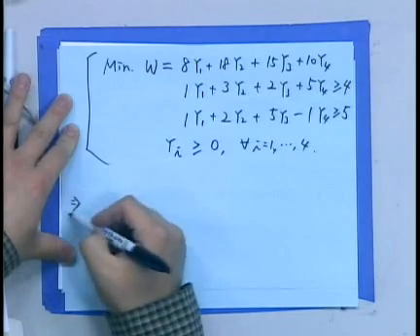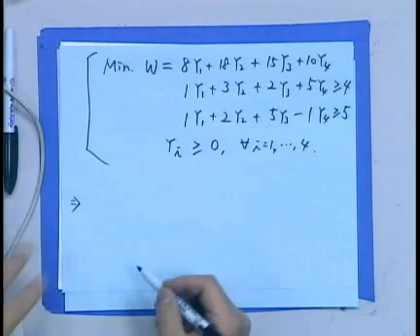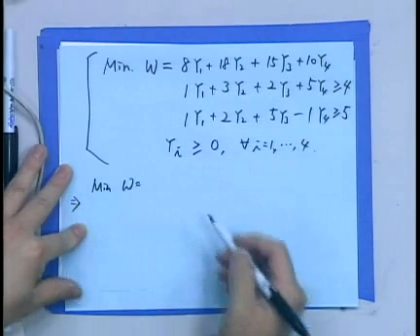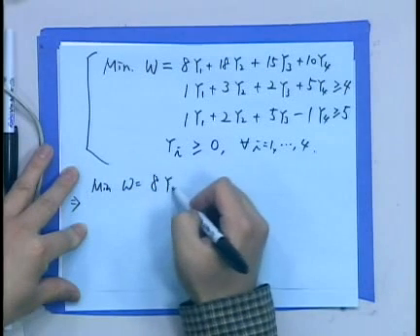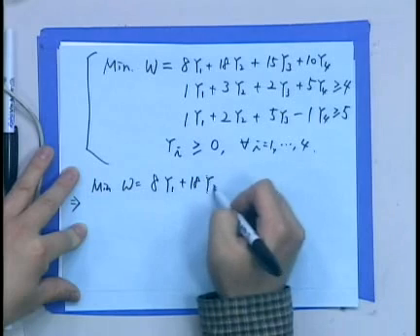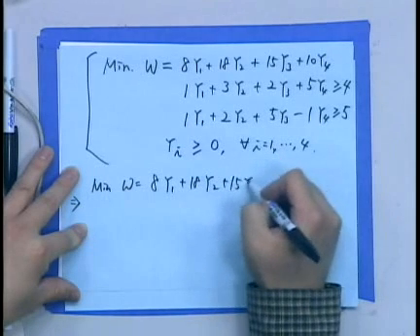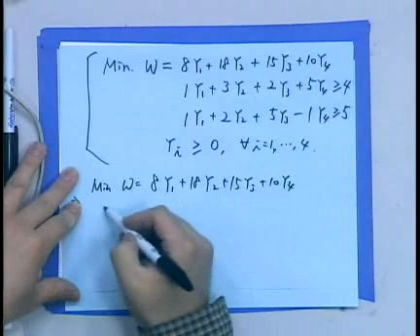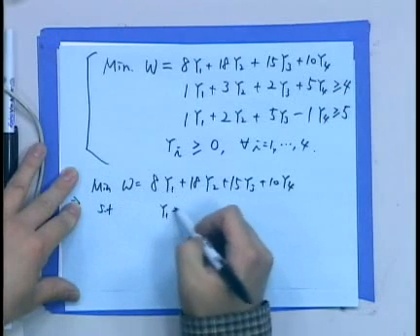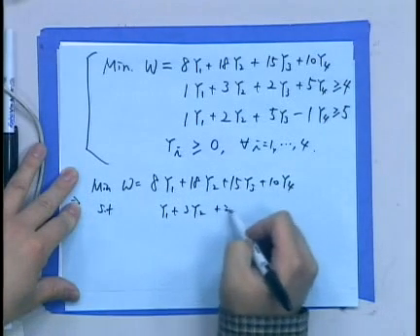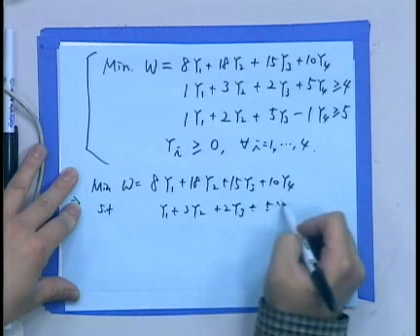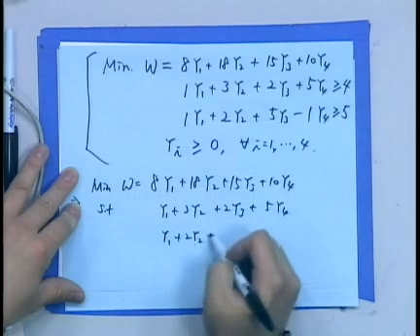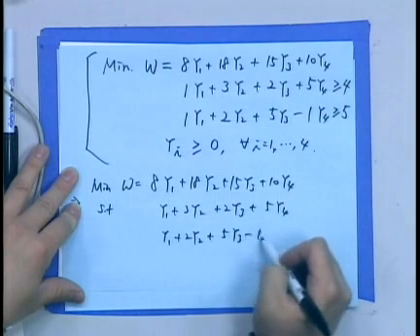So first of all, we need to standardize this, right? Just 8y1, 18y2, 15y3, 10y4. Subtract 2y1, 3y2, 2y3, 5y4, and y1, 2y2, 5y3, minus y4.